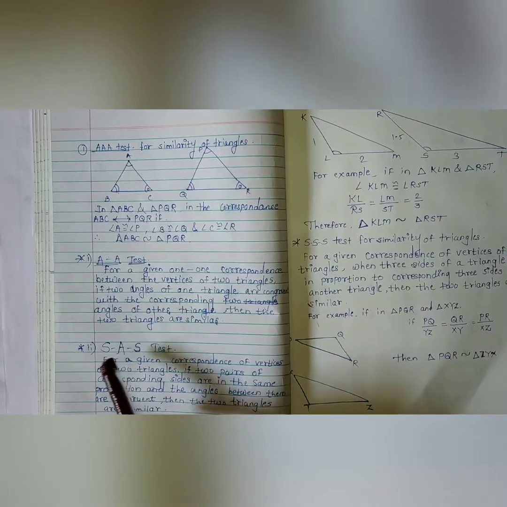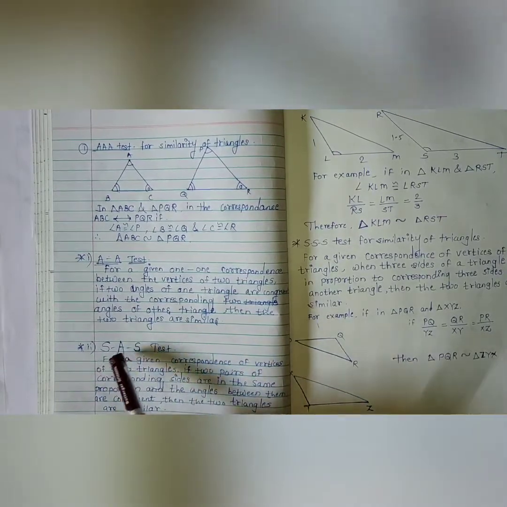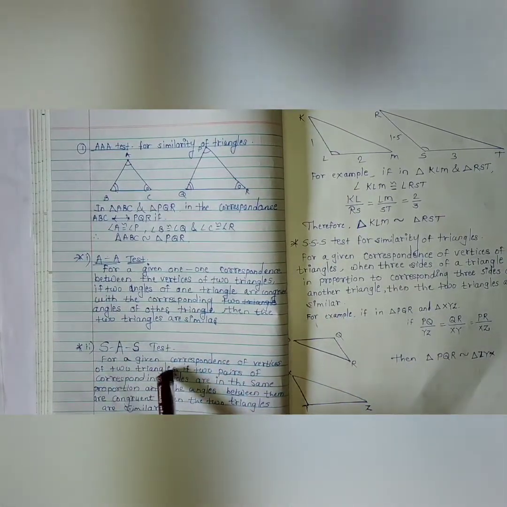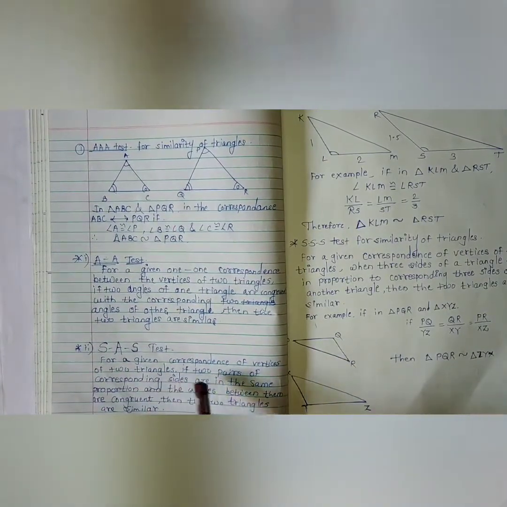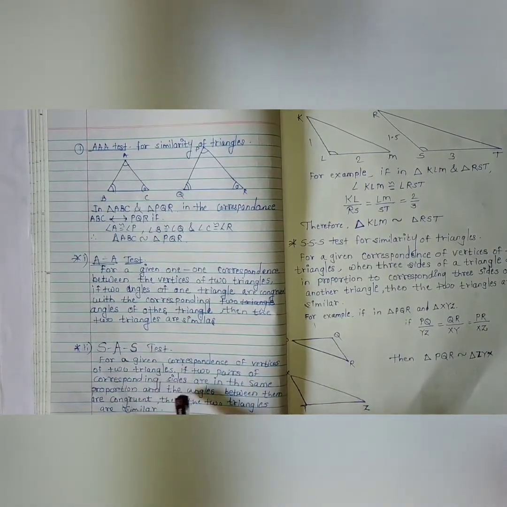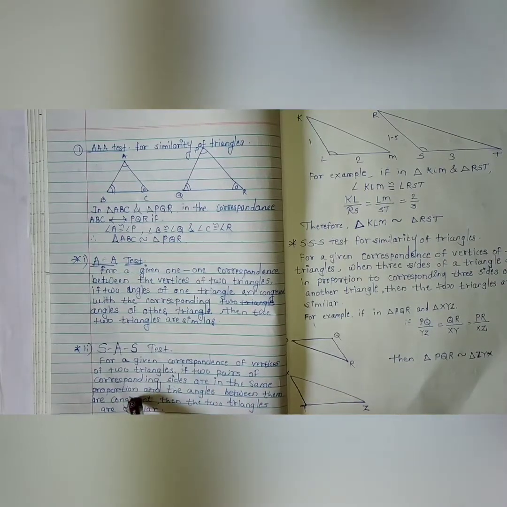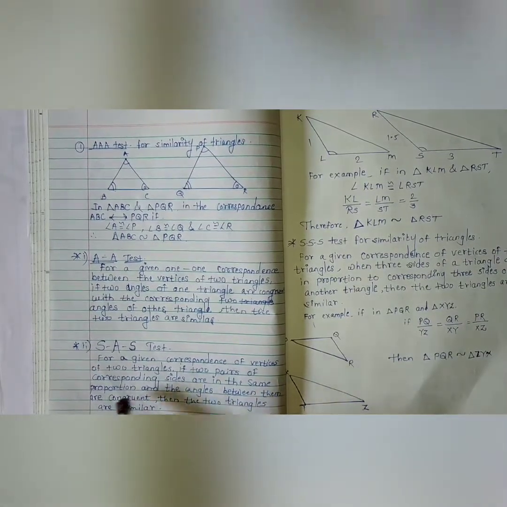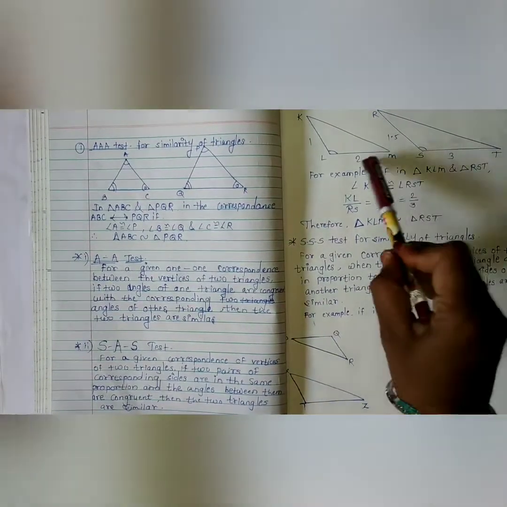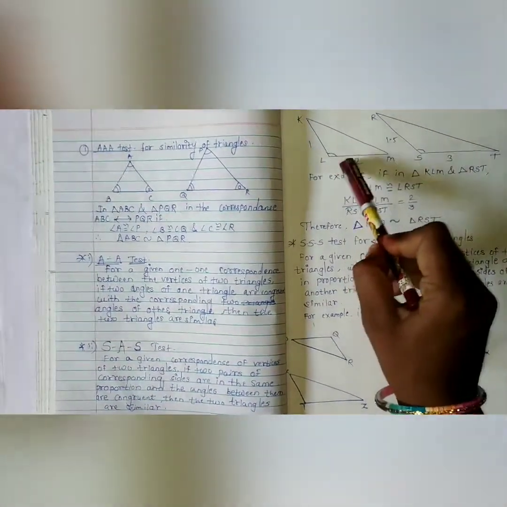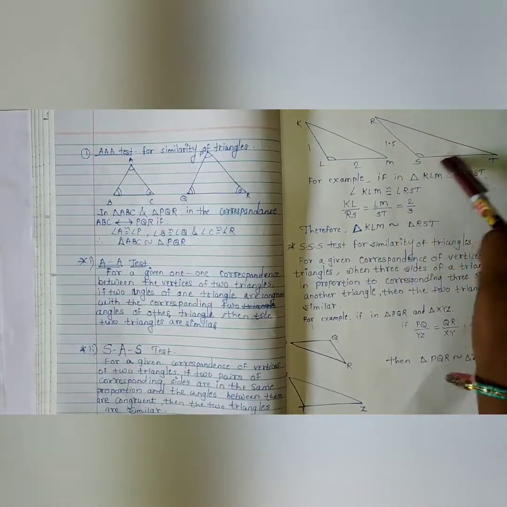Now the next test, SAS test, means side angle side test. For a given correspondence of vertices of two triangles, if two pairs of corresponding sides are in the same proportion and the angles between them are congruent, then the two triangles are similar. This is the figure. The first figure is triangle KLM and the second is triangle RST.